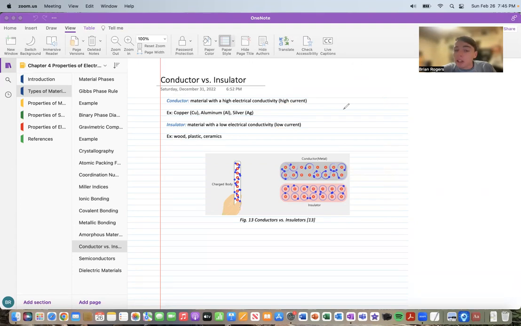So we're going to notice that conductors, we like them because they allow electrons to travel through. So if we have an electron here, it can easily travel. So current can flow, because current is the amount of electrons you have flowing through a specific area. With insulators, what they do is they impede the flow.